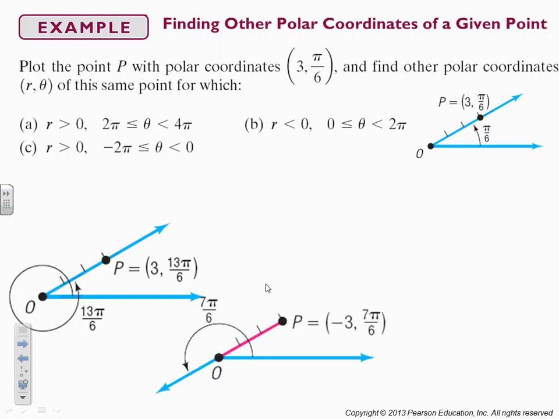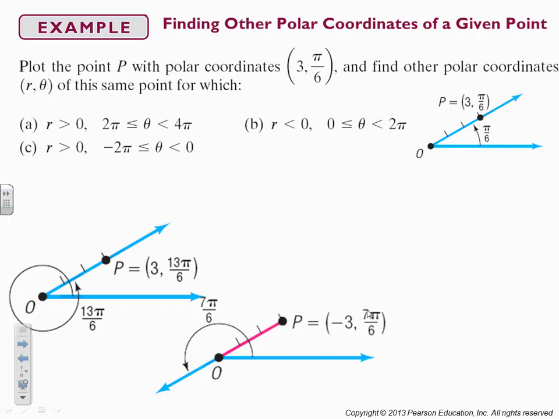The next one that we're looking at is when r is less than 0. So I'm going to keep my angle between 0 and 2 pi. And what we're going to have to do is find the angle that is 180 degrees or pi radians away from pi over 6.